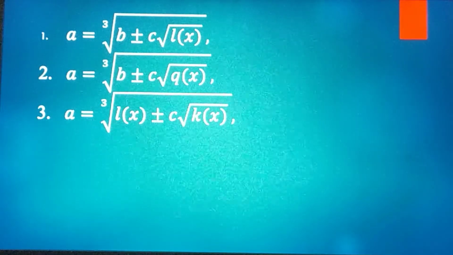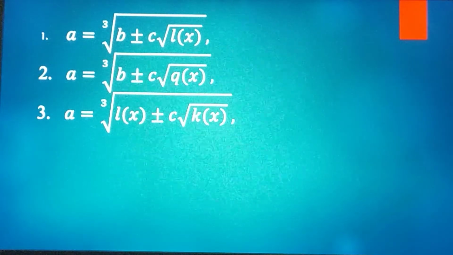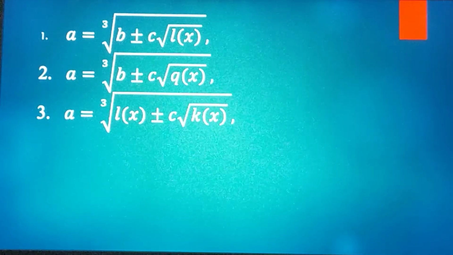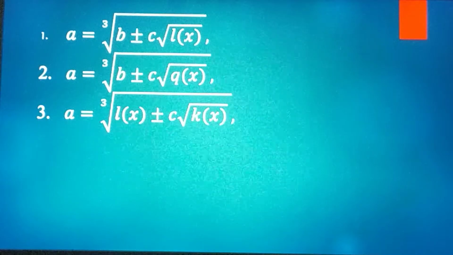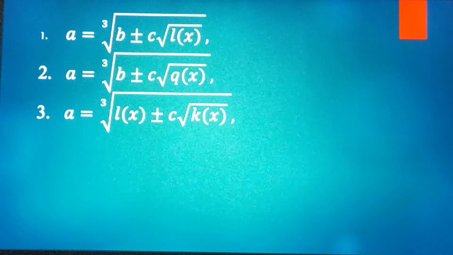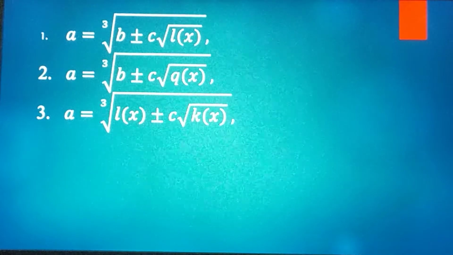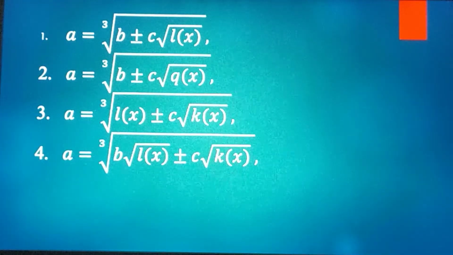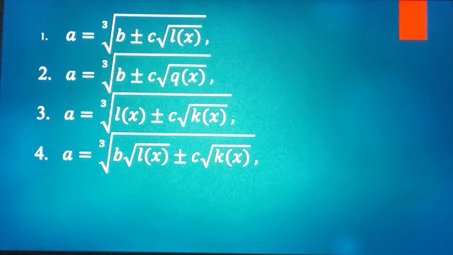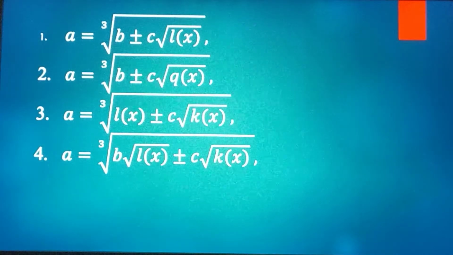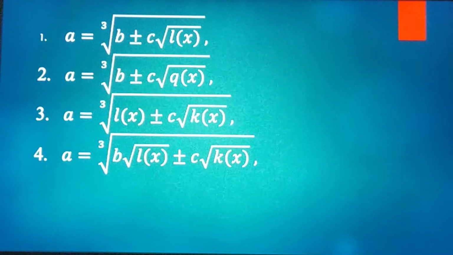Here in number 3 pattern, we have inside the cube root sign a linear expression L of x and another linear expression inside the square root, which is inside the cube root. Again, in letter A, now we have two square root signs inside the cube root sign.